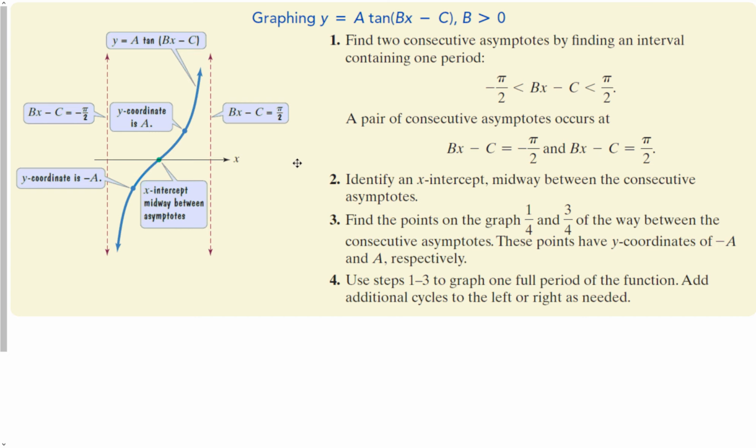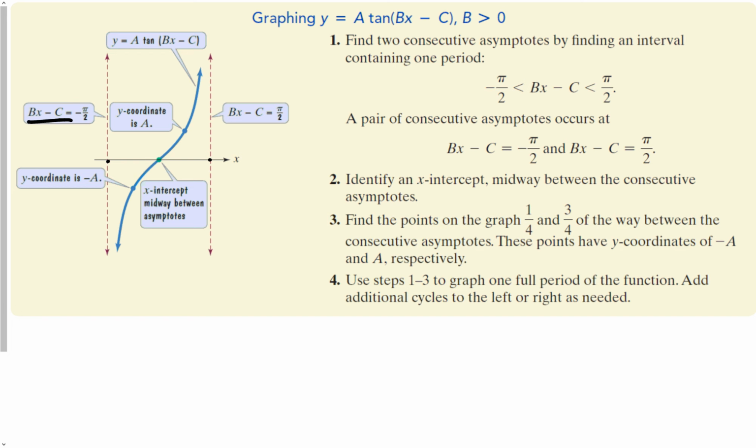Okay, so our technique here for tangent and the next one, cotangent, is we're just going to find these 2 spots on the function. We're going to find the 2 consecutive asymptotes. And all we do for that is we know that this part of the function, wherever it is, has to be in between these two asymptotes.